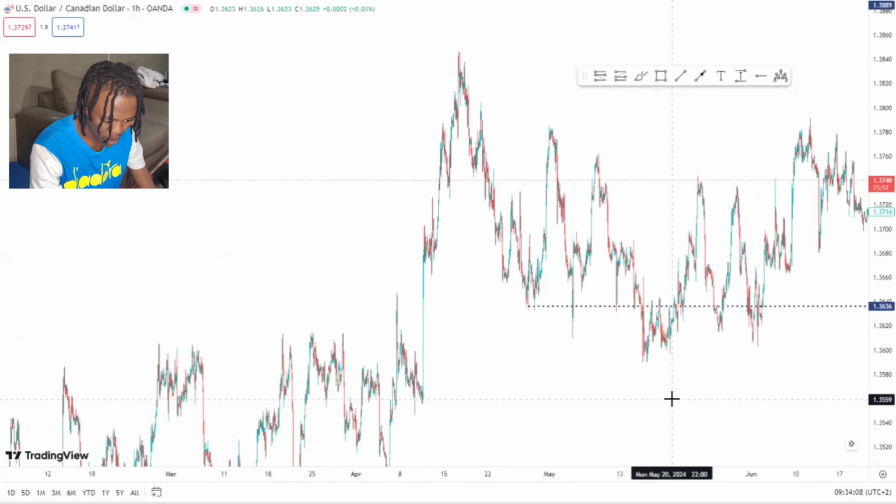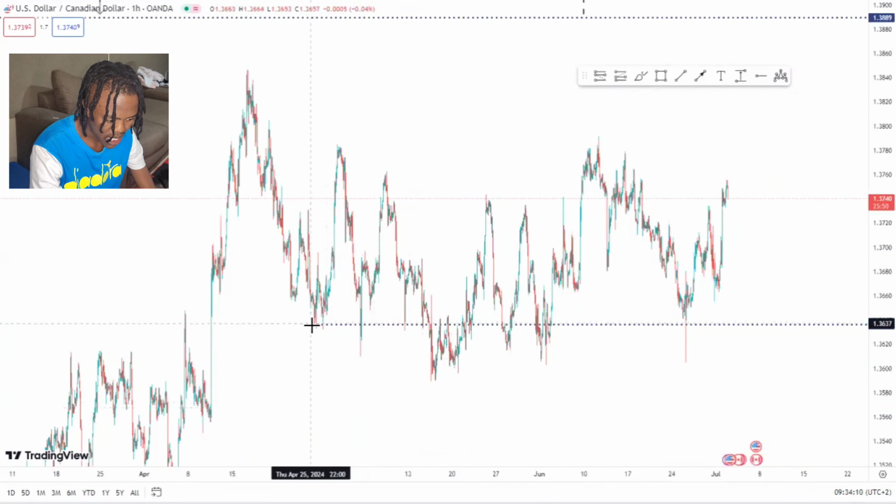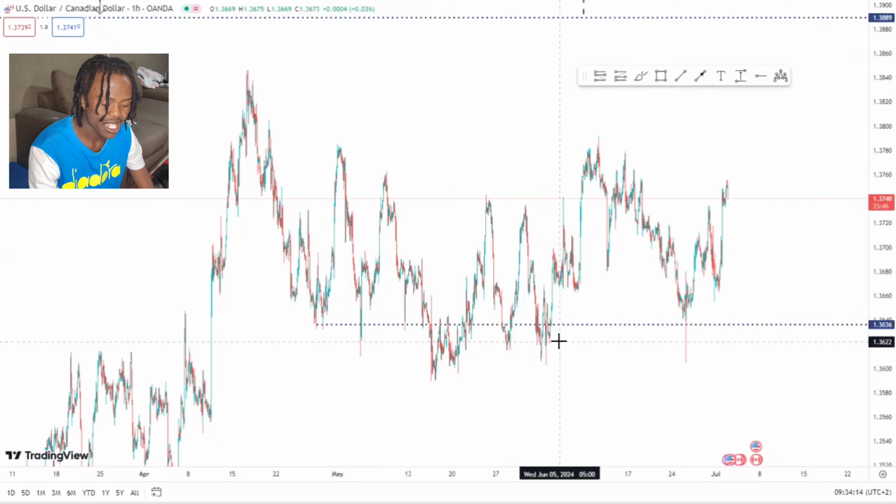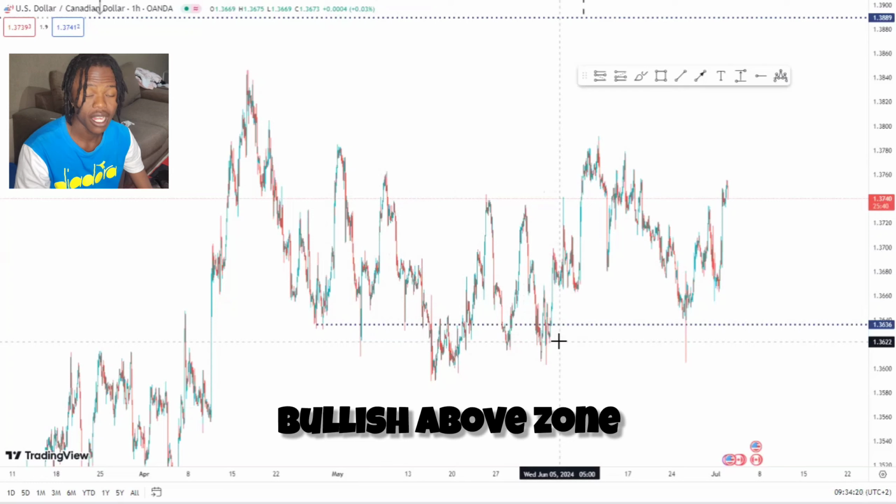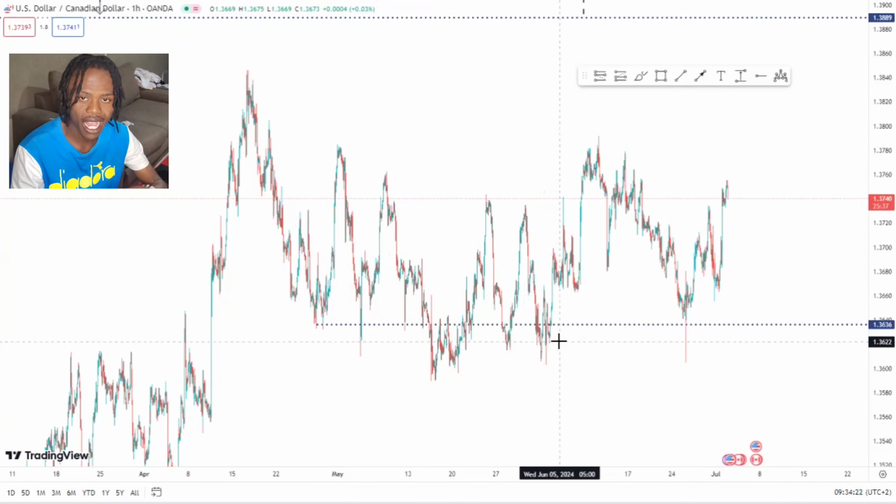So when I zoom out, when I zoom in the charts, you can clearly see that price has been having multiple reactions on this horizontal ray. In some terms, price has been holding buys above this very same horizontal ray, or let me just say price has been more bullish every time we've come to this very same horizontal ray or this price action zone, right?